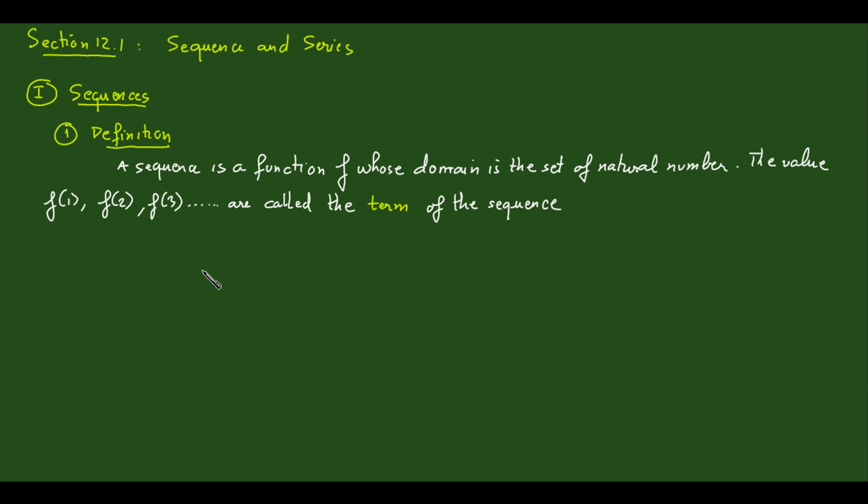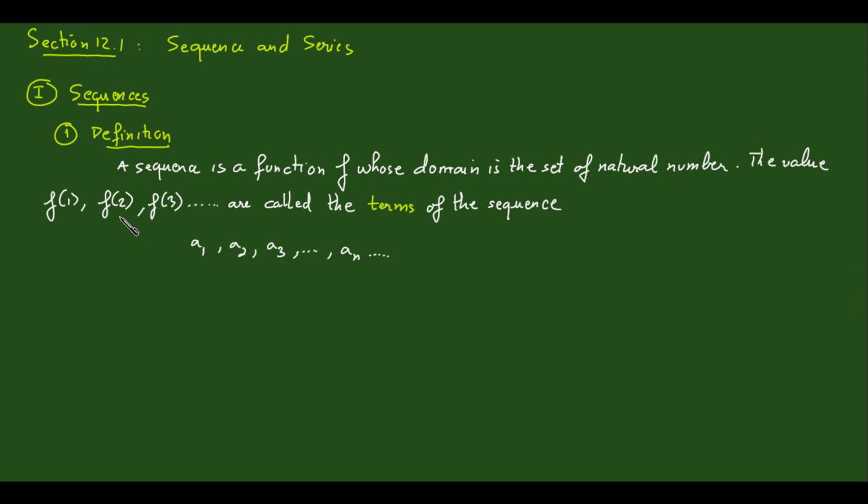Terms is plural. We can call each number of the sequence a1, a2, a3, dot dot dot, an, and there's more.